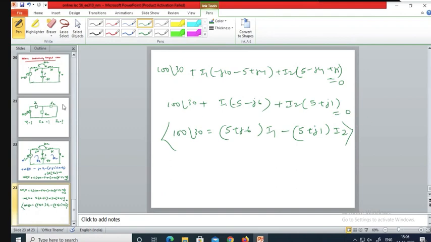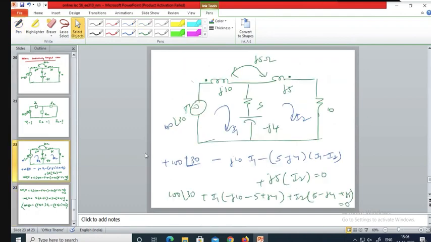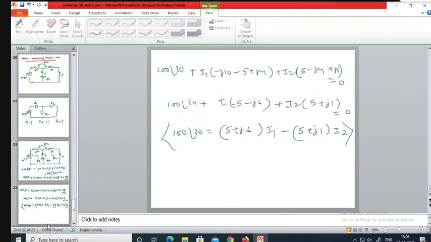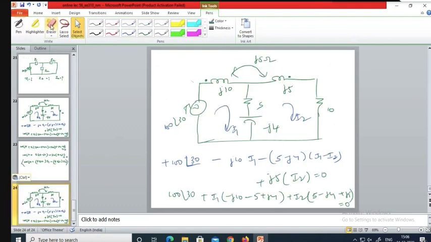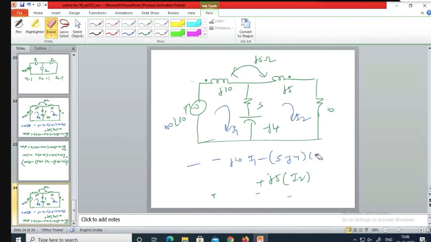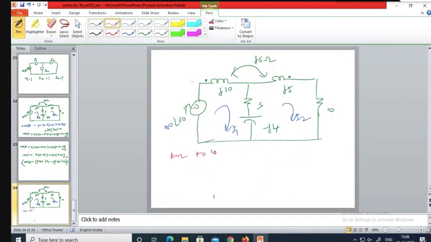Okay. So now let me apply KVL for the second loop. So apply KVL to loop 2.